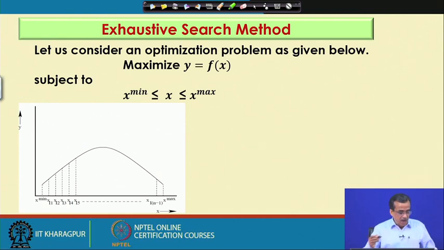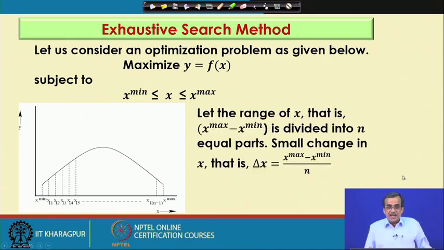Now, how to proceed with this particular algorithm to find out the optimal solution? I will have to find out the range for x, that is nothing but x maximum minus x minimum. This range is divided into some equal parts, and let me consider n equal parts.